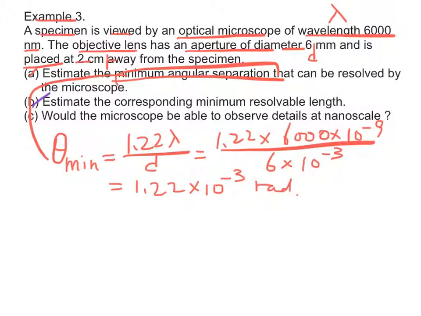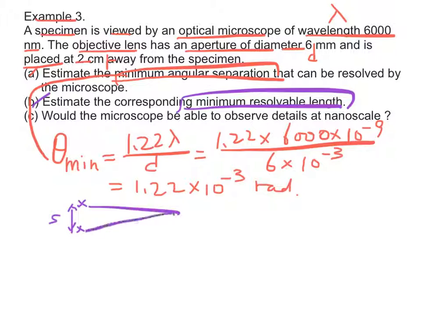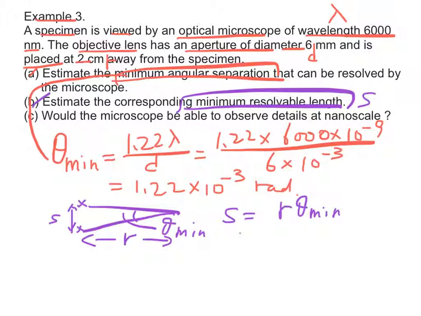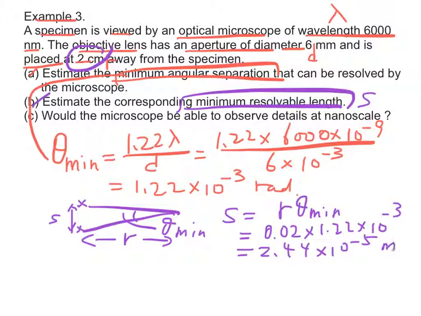For part B, the minimum resolvable length is S. From the diagram, we see that the minimum resolvable length is equal to R theta minimum, which is equal to 0.02 times 1.22 times 10 to the power negative 3, which is equal to 2.44 times 10 to the power negative 5 meters.